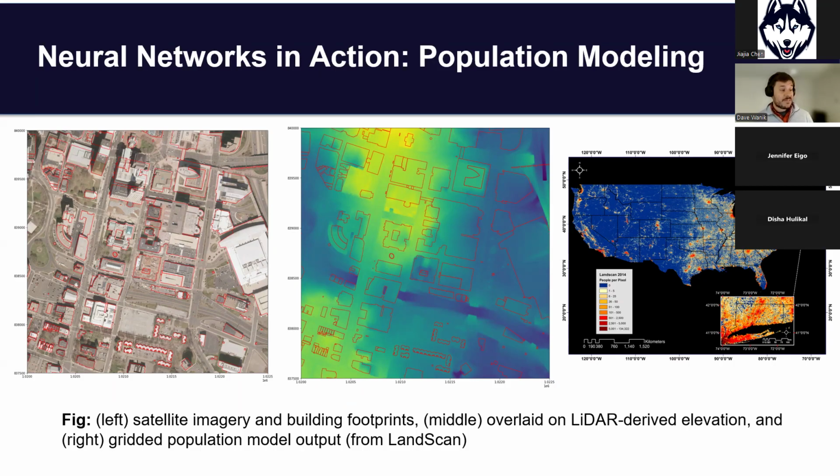And so here I have a satellite image of Hartford, Connecticut, and we're able to leverage building footprints to know where all the infrastructure is in the city. We can overlay that with other types of data sets like LiDAR that effectively give you a 3D mapping of the Earth's surface. And then I'll do things like high resolution population mapping in the United States and all over the world.